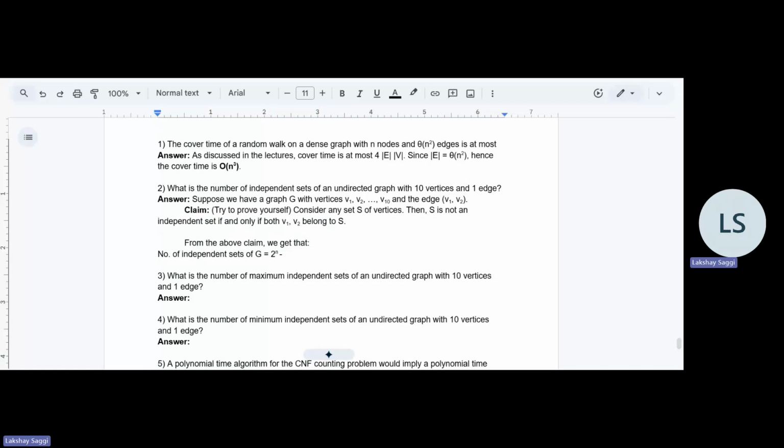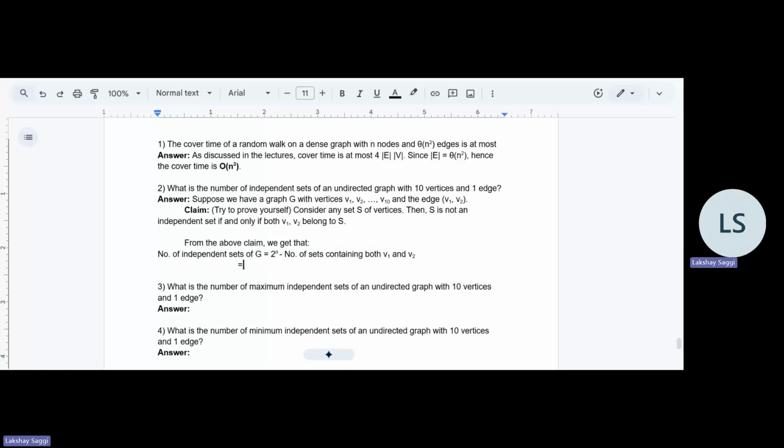And from this, we have to subtract the number of sets in which both V1 and V2 are present, minus the number of sets containing both V1 and V2.